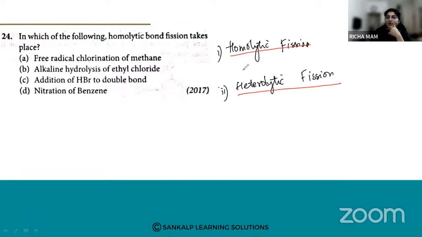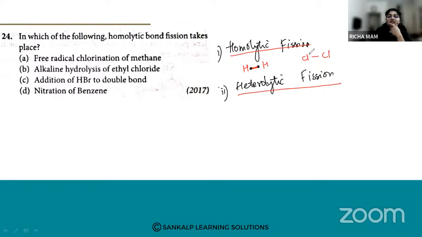Homolytic cleavage means what? It is between the same atoms. Between the same atoms, the bond is shared by an equal number of electrons. Hydrogen is having one electron, so equal numbers of electrons are shared.